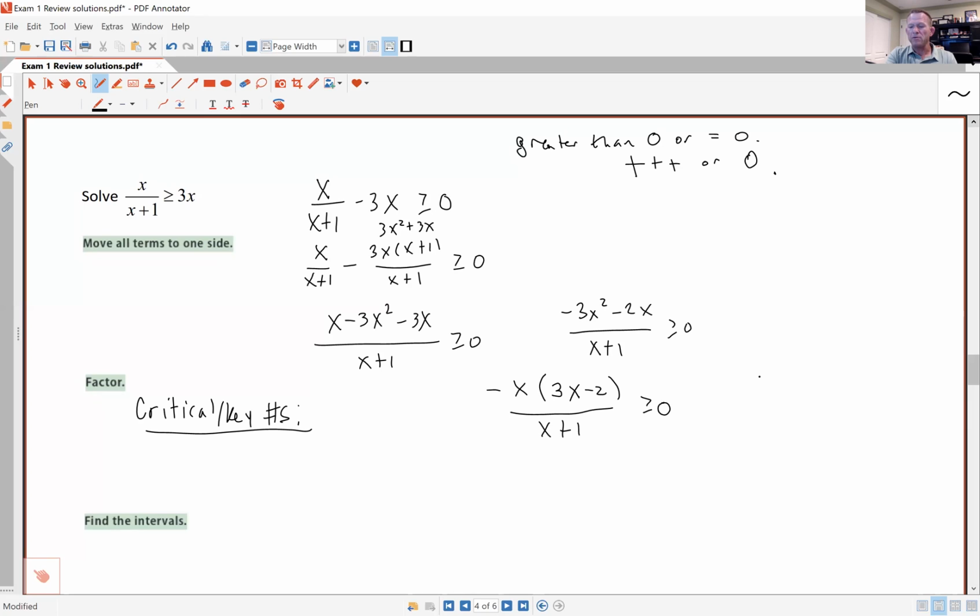So where the top equals 0, negative x equals 0 or 3x minus 2 equals 0, and then the bottom, x plus 1 equals 0. This one gives us x equals 0, and this one gives us 2/3. So the top's critical numbers are 0 and 2/3.